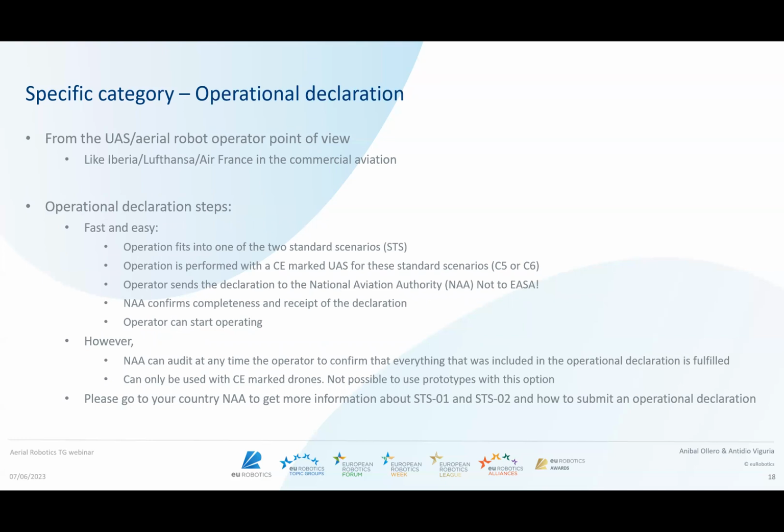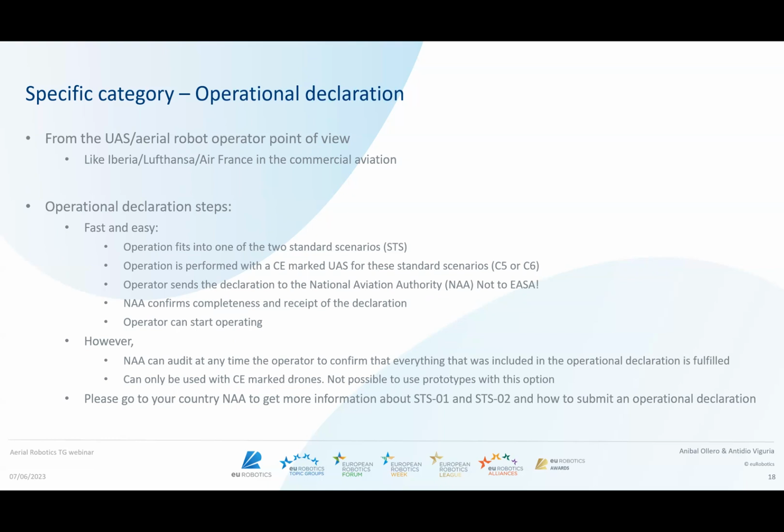First of all, the operation declaration, the first one, which is the easiest one. This is fast and easy. It's just a declaration. So how does it work? If the operation fits into one of the two standard scenarios that we will see later, and you have a CE mark drone, in this case class C5 or C6, then you just send a declaration.